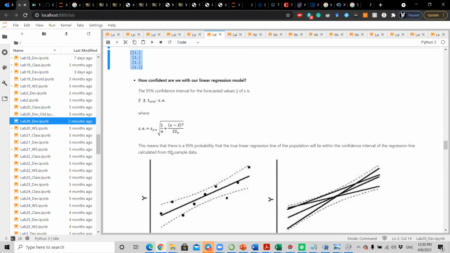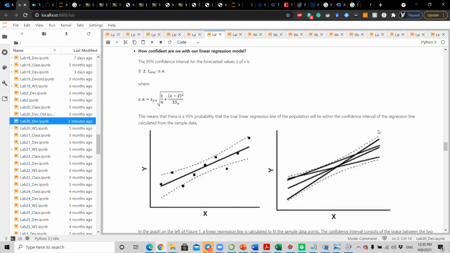This means that there is a 95% probability that the true linear regression line of the population will lie within the confidence interval of the regression line calculated from the sample data. So we have a bunch of points.